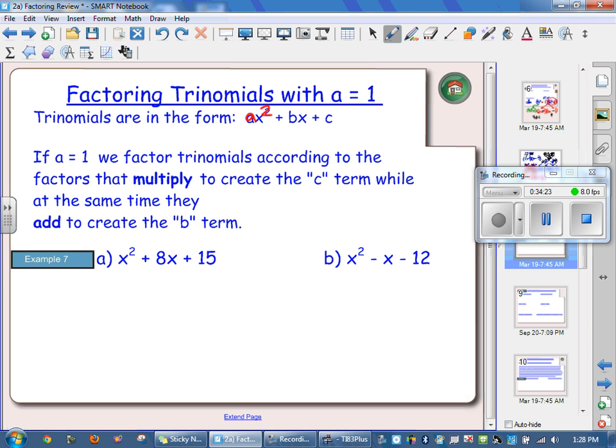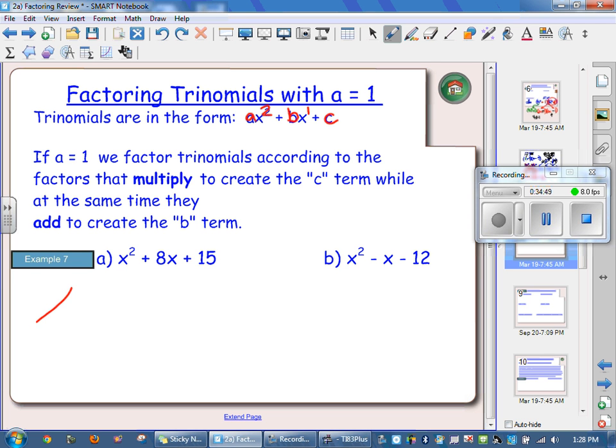Now when we factor a trinomial, we need to find out what factors multiply to create your c term. That's what's going to end up in your 2 brackets. And there's a method we use, and it's called the diamond method. So your diamond method works this way. For the top number, you take the a digit times the c digit.